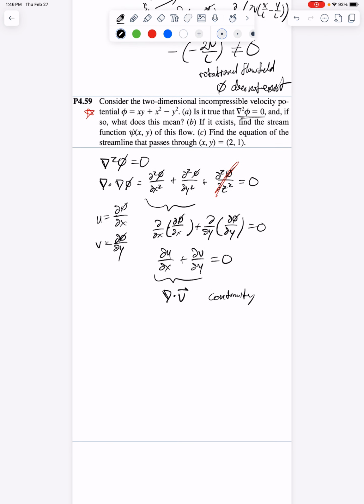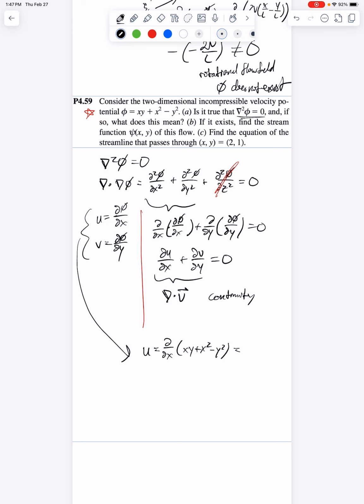Okay. Backtracking to these two terms here, we can solve for u. u is the x derivative of phi, xy plus x squared minus y squared.